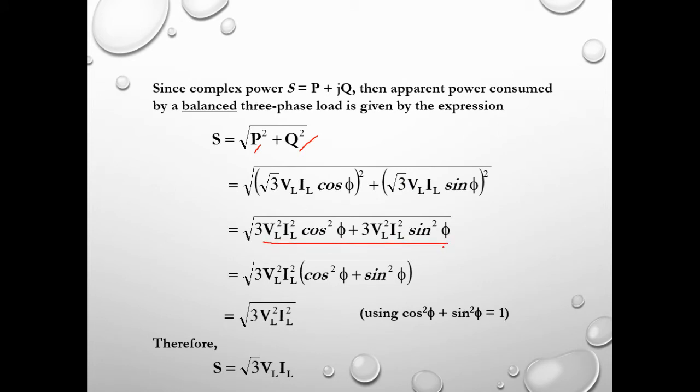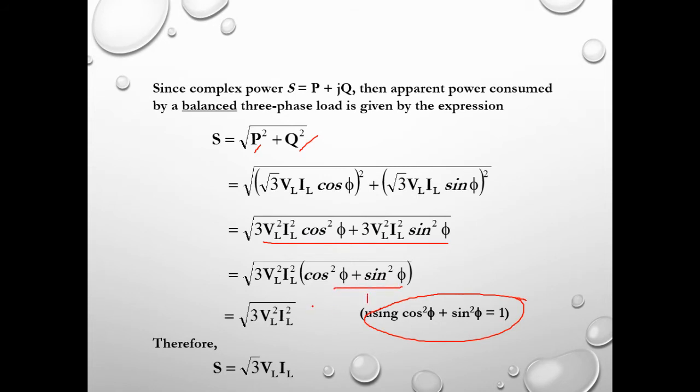Then from here, you may factorize into 3 VL, or V line square, I line square, in bracket cos square theta plus sine square theta. From these rules, we know that cos square theta plus sine square theta is equal to 1. This is actually 1.